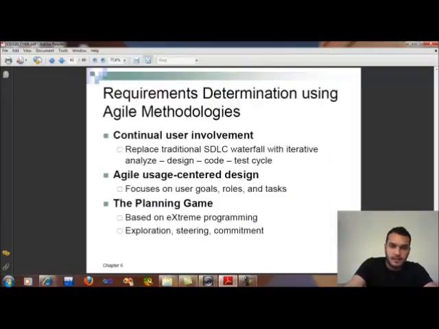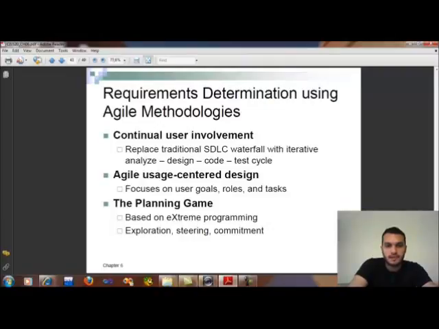And requirements determination using agile methodologies and continuous user involvement replaces the traditional SDLC waterfall with iterative analyze, design, code, test cycles. Agile usage-centered design focuses on user goals, roles, and tasks.